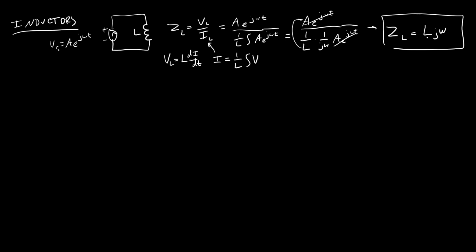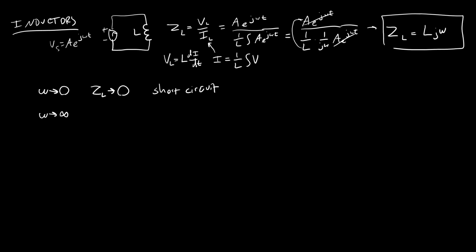So similar to what we had for the capacitor, except this time the impedance is proportional to both the inductance and the frequency instead of inversely proportional to them. So we can look at, again, the limits of behavior as frequency approaches 0 or frequency approaches infinity. As frequency approaches 0, the impedance of the inductor is also going to approach 0, so it acts like a short circuit, which again is consistent with what we saw before, as we approach steady state, so derivatives are 0.